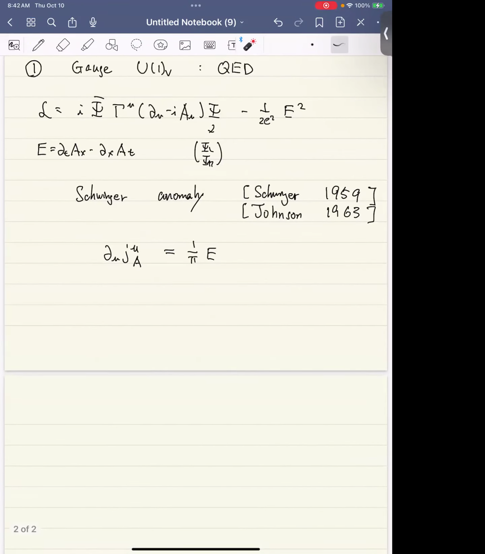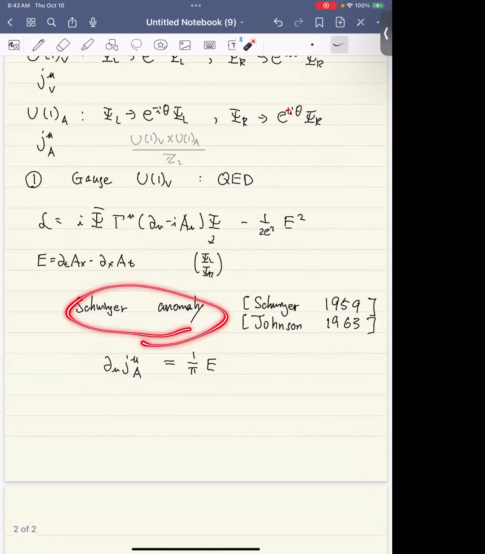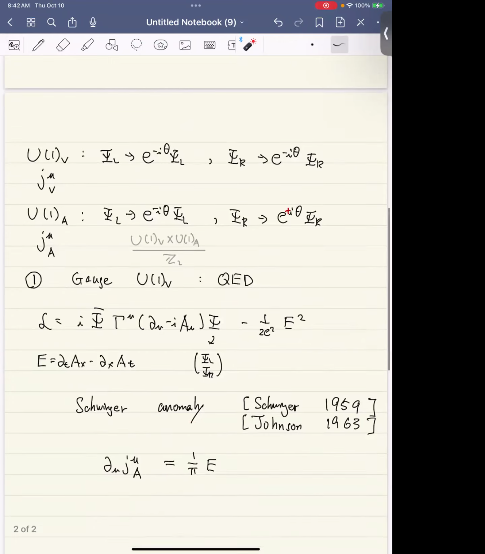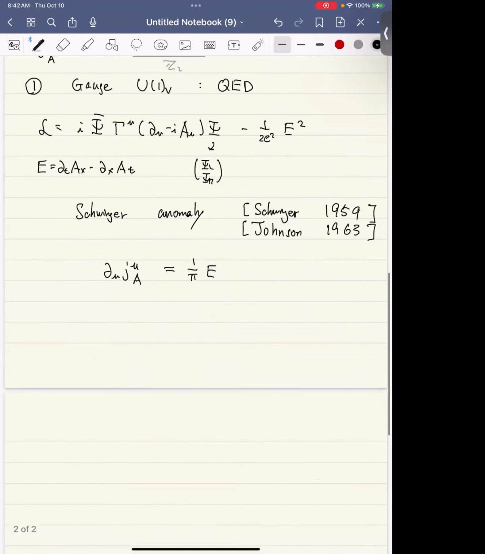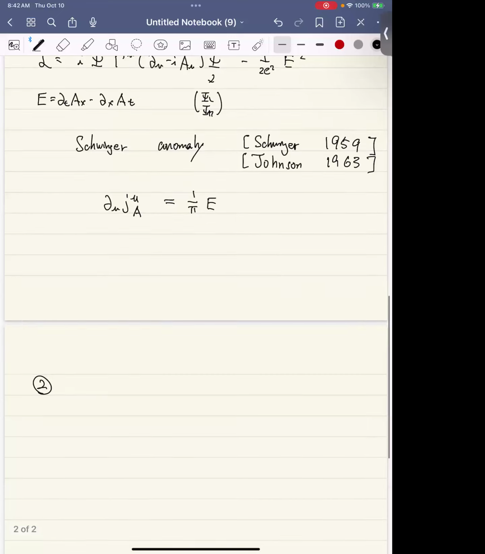Now, this is the anomaly in the Schwinger model, but you can ask, can you already see this anomaly in the original Dirac fermion model? Or what's the fingerprint of this equation in the free Dirac fermion model? By the way, this anomaly just comes from the simple one-loop Feynman diagram.